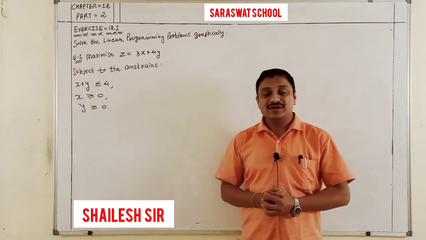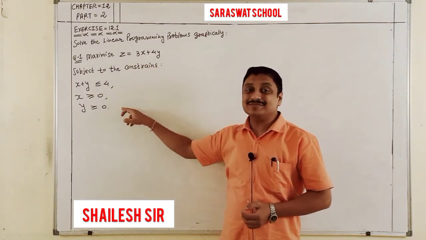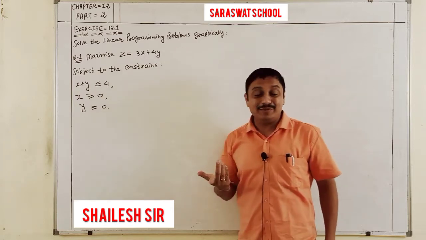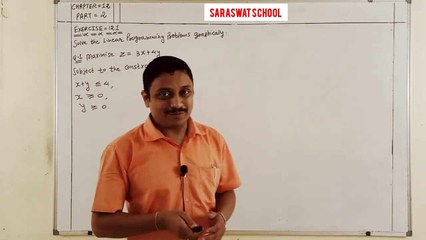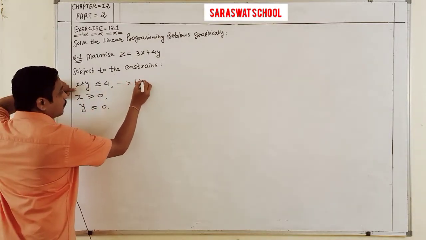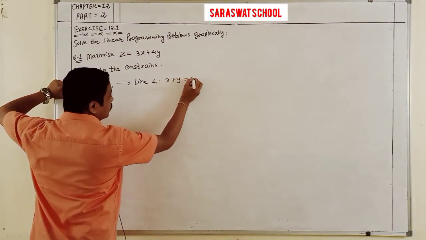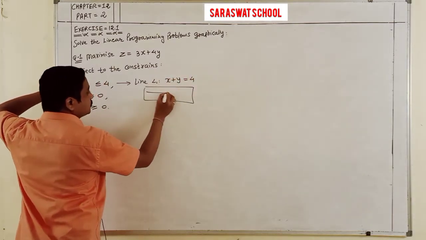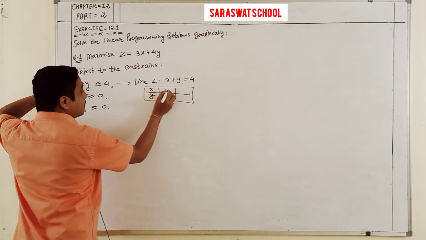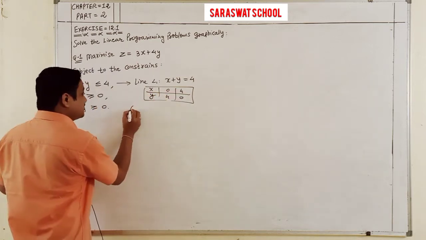Question first. Find the maximum value of z = 3x + 4y, subject to the LP problem, meaning linear programming. I take here first of all line L1, x + y. Converting into a simple table, putting x = 0, y = 4, and y = 0, x = 4, and check with 0, 0.